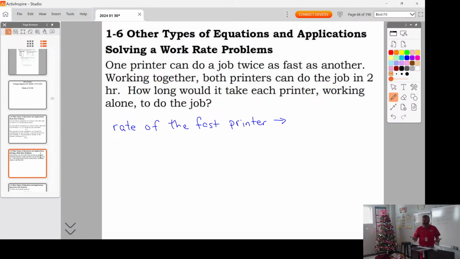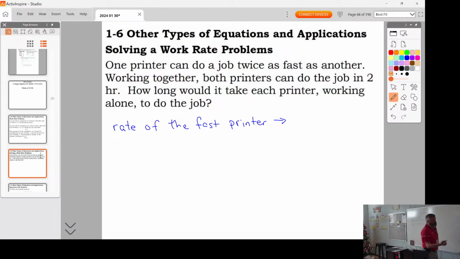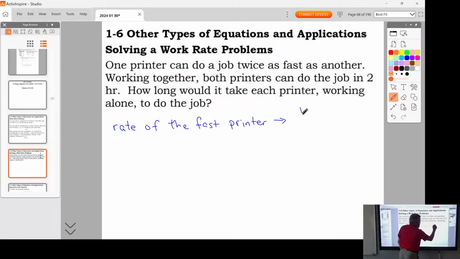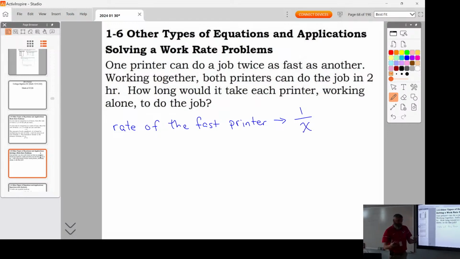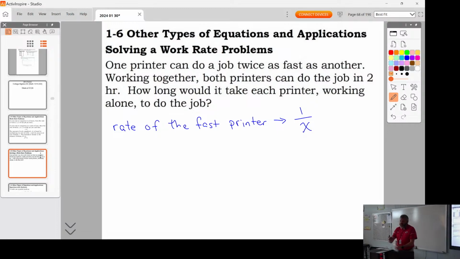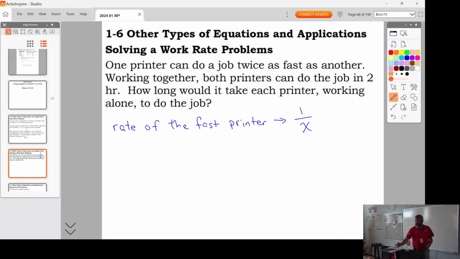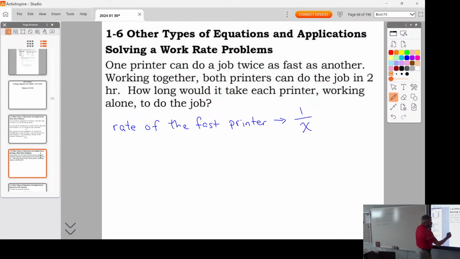X, or any other variable. Okay, so the fast printer is going to do one job in X hours. I don't know how long, but it's going to take that printer X hours to complete the job. That's the fast printer. Well, there's also a slow printer.